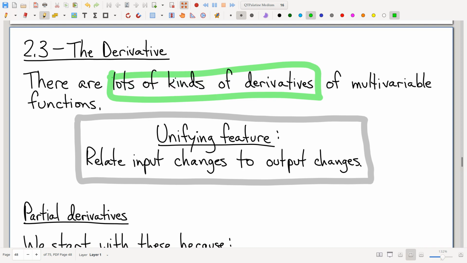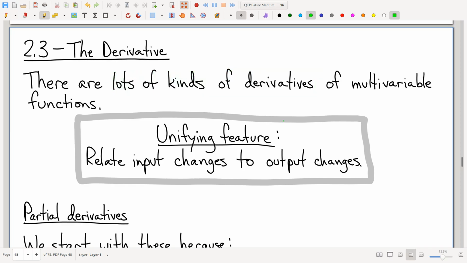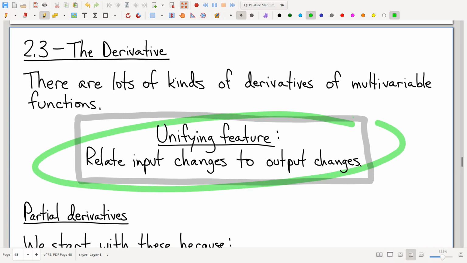You're going to have to think about different kinds of derivatives, which brings up the question, if they're different, why do we use the same name to talk about them? And the answer is that the various different kinds of derivatives we're going to talk about all have this unifying feature: in some way or another, they relate input changes to output changes, right?